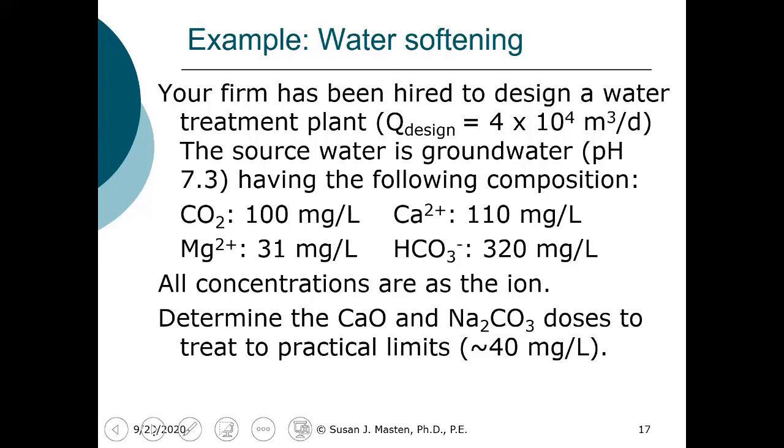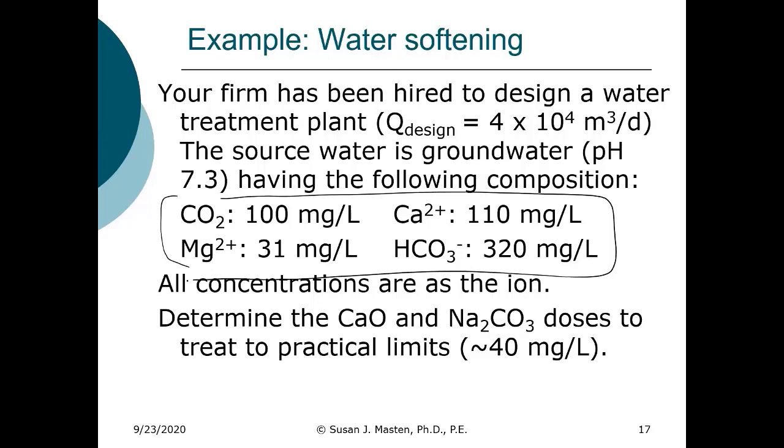So we have a water. We're given the water quality, and it has 100 milligrams per liter of CO2. It has 110 milligrams per liter of calcium, 31 milligrams per liter of magnesium, and 320 milligrams per liter of bicarbonate, and these are reported as the ion.